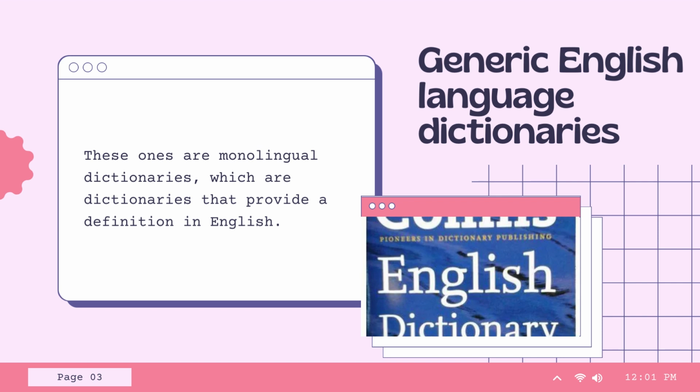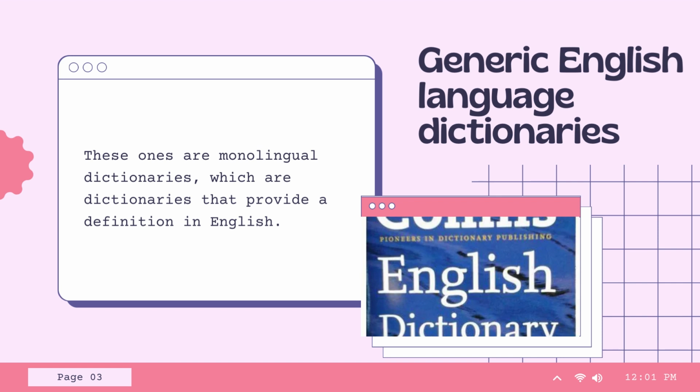These ones are monolingual dictionaries. Why? Because they are focused on the English language. So, monolingual, just one language. These are dictionaries that provide a definition in English.